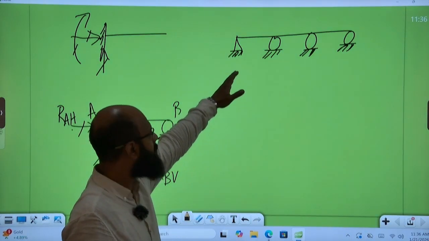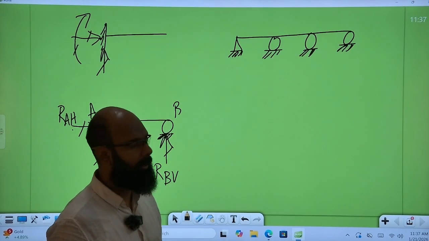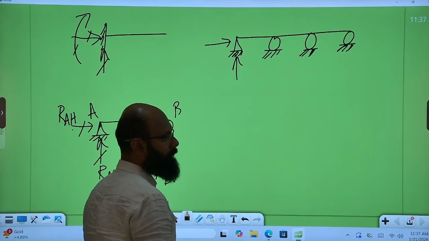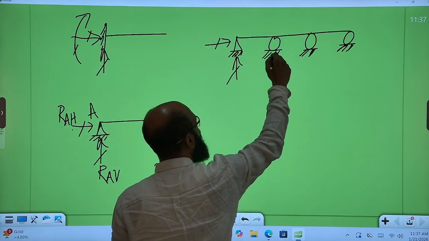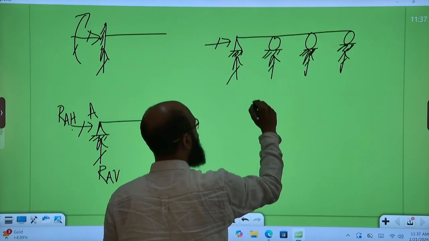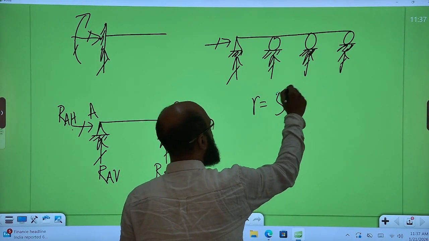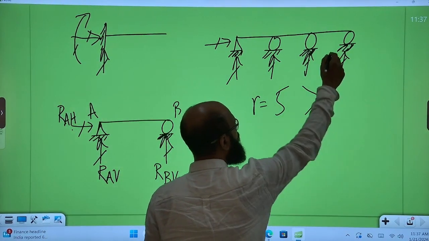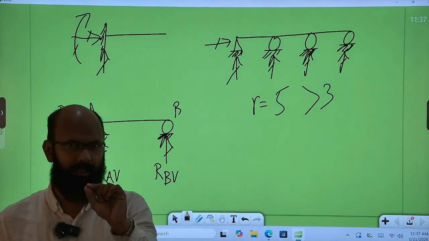One end is pinned and the other three are supported by rollers. Now you can see the number of reactions for the pinned support, as we have discussed, is two, one vertical, one horizontal. For each roller, one, again one, again one. So what is the total number of reactions? 3 plus 2, 5. And this is greater than 3. So this continuous beam is a statically indeterminate structure.